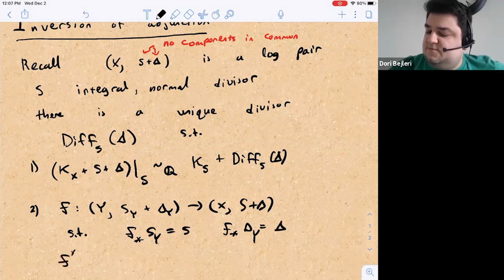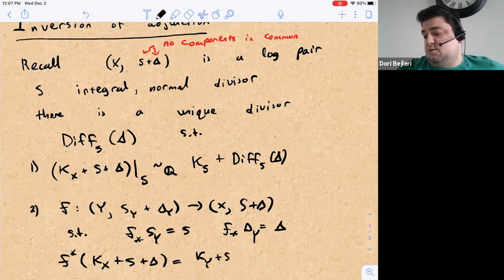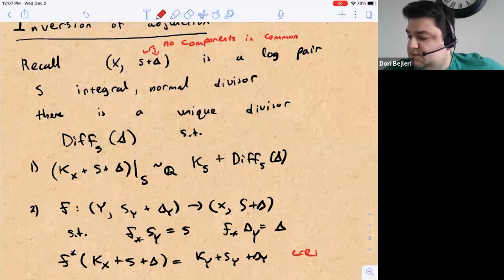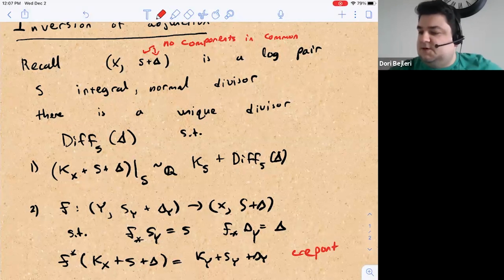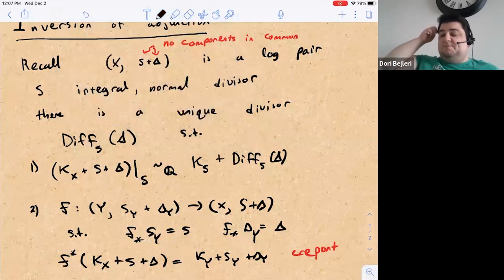Maybe I never formally defined this, but sometimes people call a log resolution satisfying all these conditions crepant, meaning the pullback of K_X + S + Δ is K_Y + S_Y + Δ_Y. Sometimes people say these are crepant because there are no extra discrepancies; you put all the discrepancies into the boundary. And in the case where the boundaries are empty, there are just no discrepancies at all if this is satisfied.